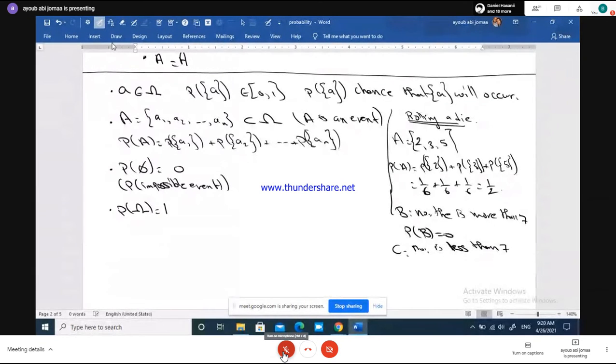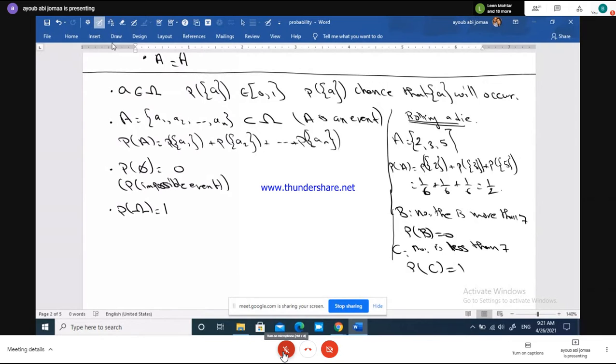Is it impossible, like 7? Do you think that when you roll a die, you get a number more than 7? No. Okay, event C, the number is less than 7. This is a certain event. Surely the number is less than 7, so the probability of C is 1.